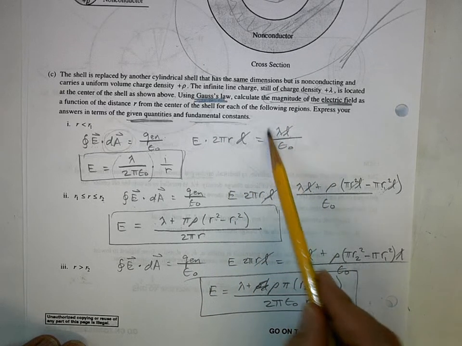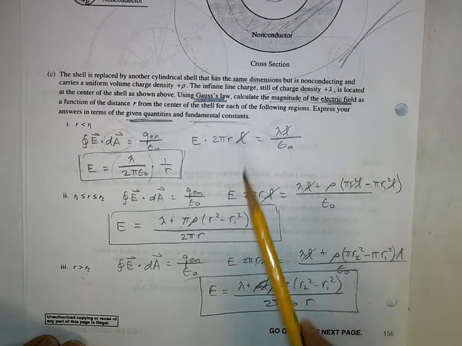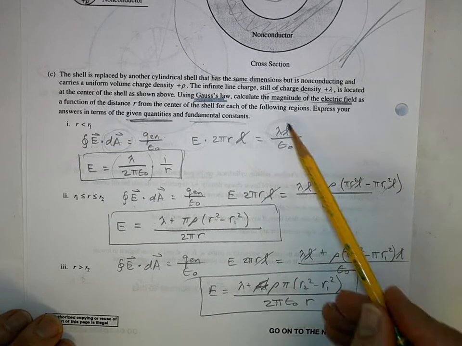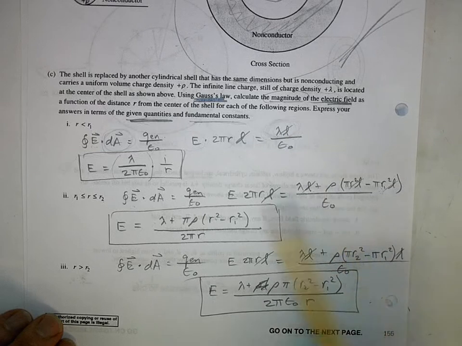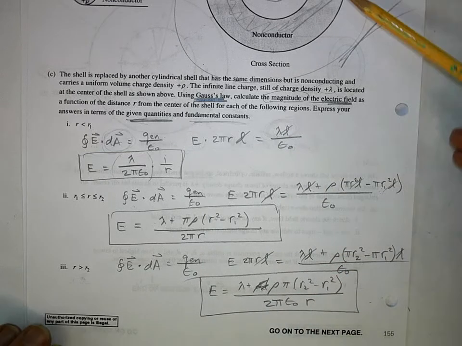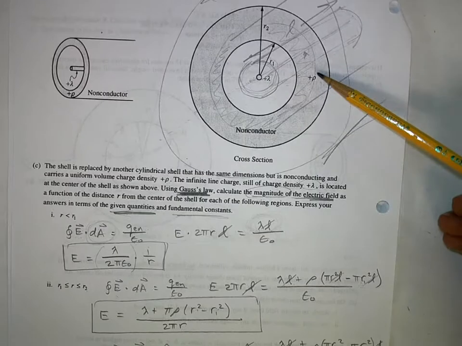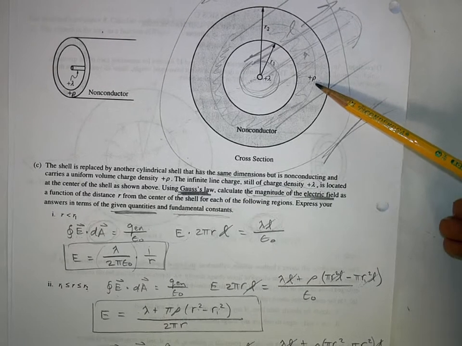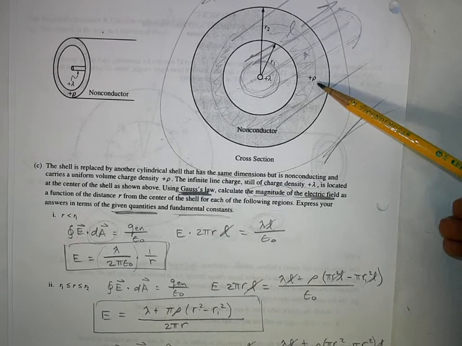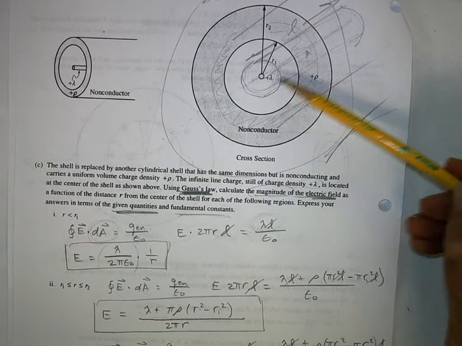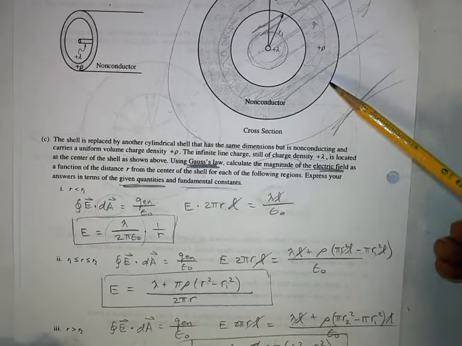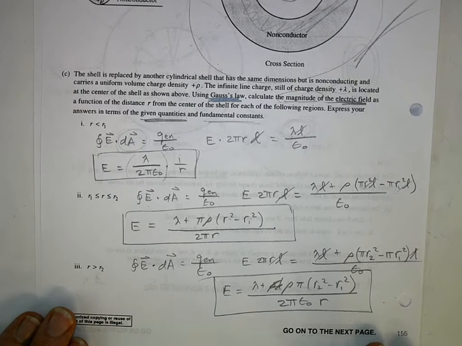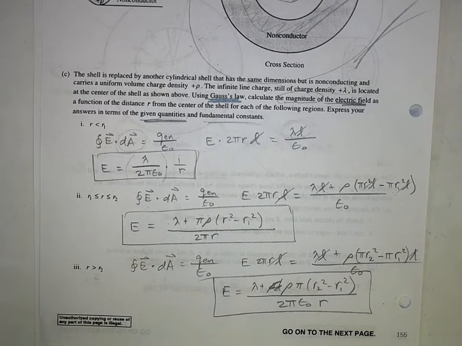And this is where the challenge is going to be, if you're going to have to integrate to find that charge, although we did not have to do that this time because very nicely this charge density was not a function of R, it was just uniform. It was just a constant rho. And the same thing is true with this lambda. So it was actually kind of a nice, straightforward problem for once from the College Board.